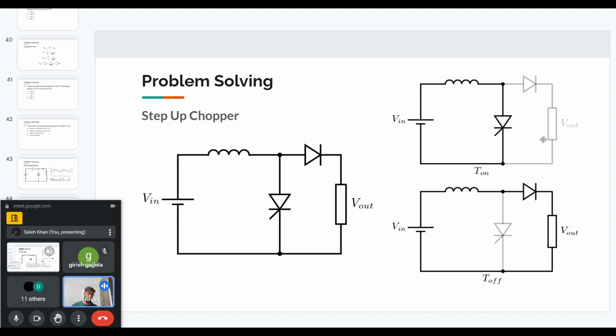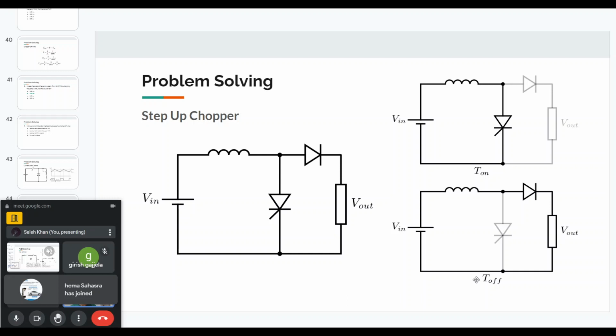So during the T on time, here we don't have any capacitor at the output. We don't have a constant output voltage. So here the output will just be disconnected. The output voltage will be, let's say, zero in this case. And in T off time, we will get some output voltage because the inductor will feed to the load.